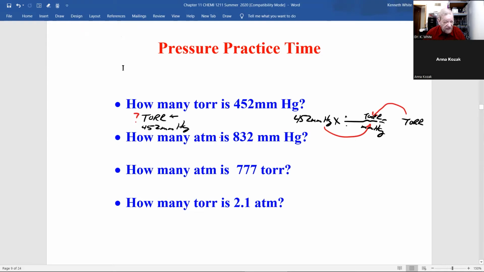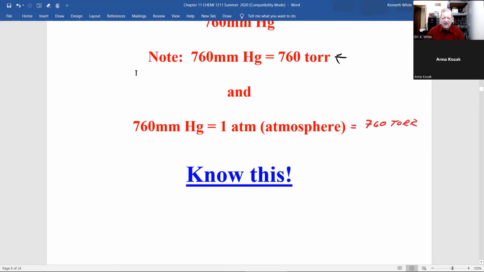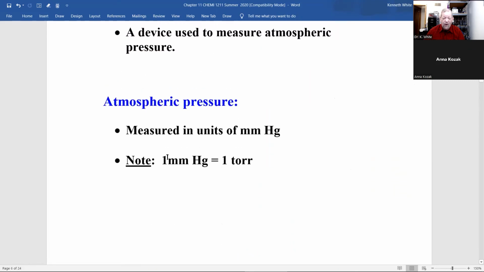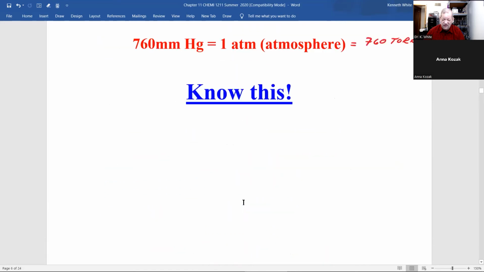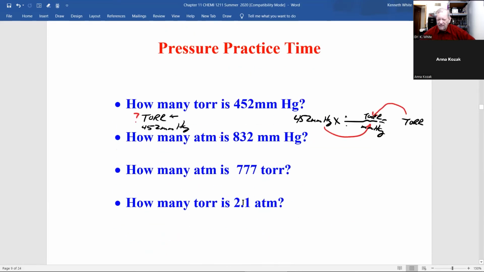Well, if you look at important information quiz 3, which I don't have yet on Blackboard, that's this week's job or weekend. But up here it says 1 millimeter mercury, and Hg is the chemical symbol for mercury, equals 1 torr. So now I know that relationship. I can come back here and put 1 torr equals 1 millimeter mercury.